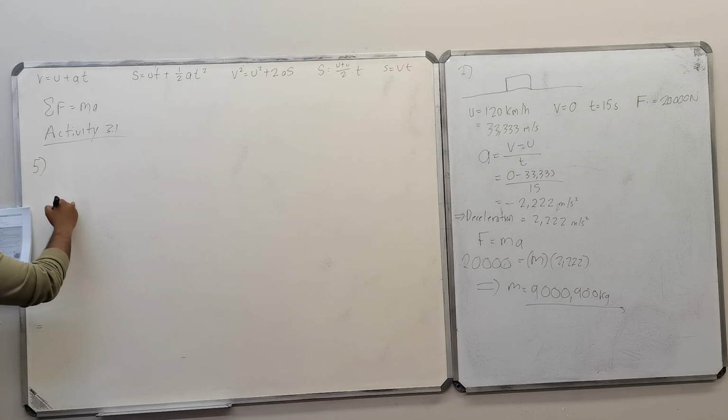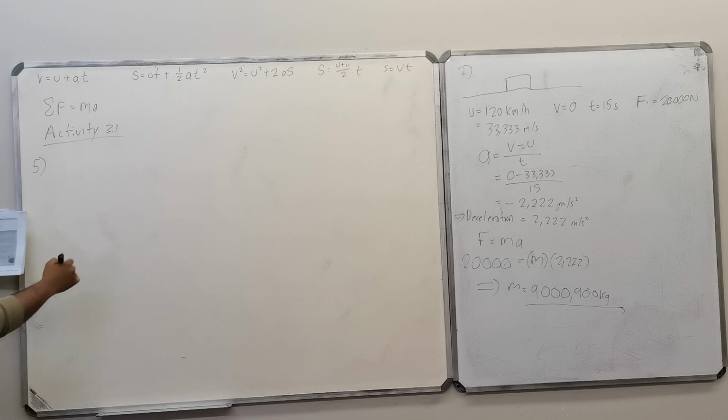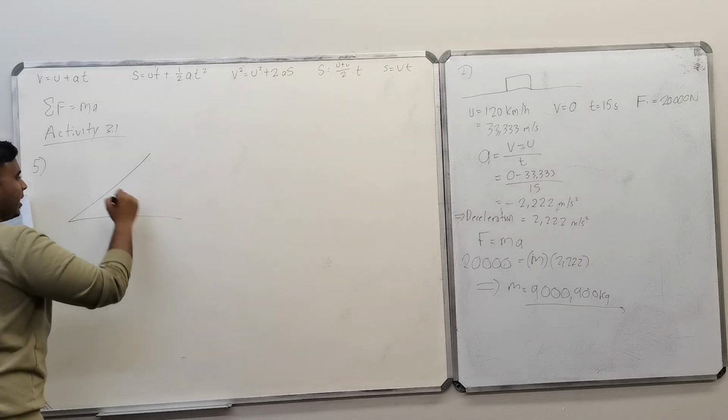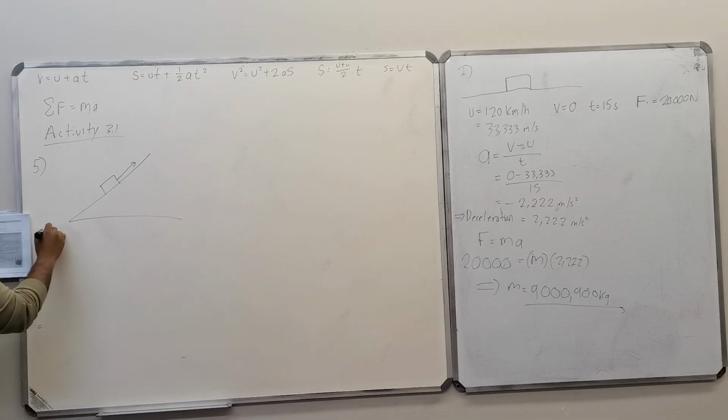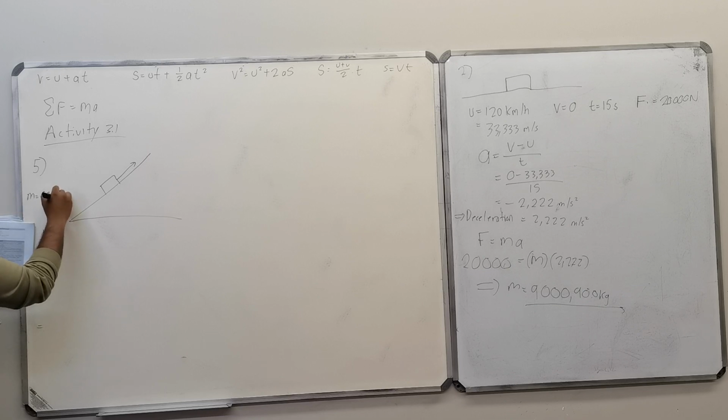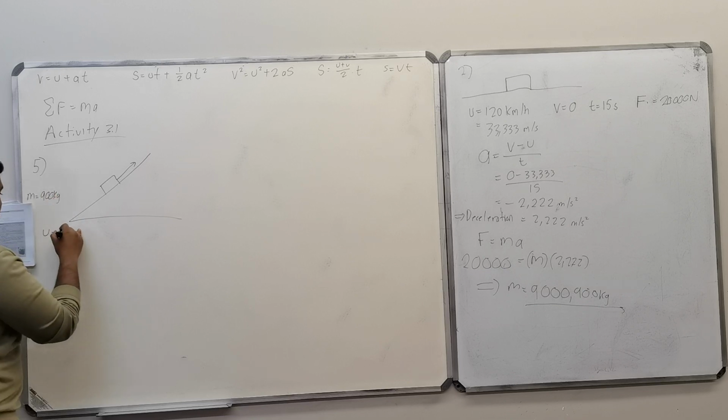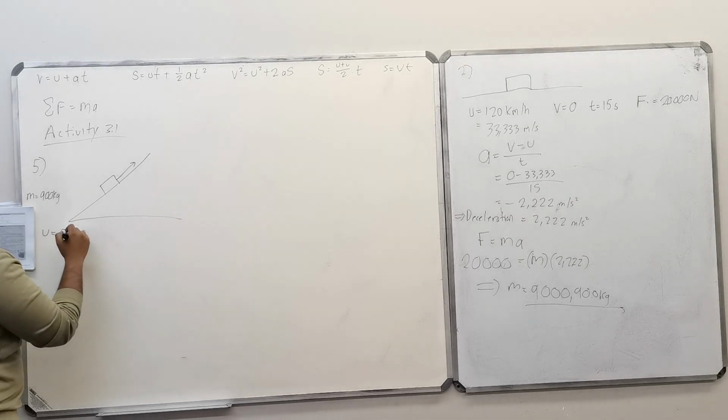A car with a mass of 900 kgs accelerates uniformly from rest up an incline. So this car is on an incline, it accelerates uniformly up the incline. So it started from rest, and its mass is 900 kgs. Uniformly up means that it went up from rest, which means initial velocity is 0.